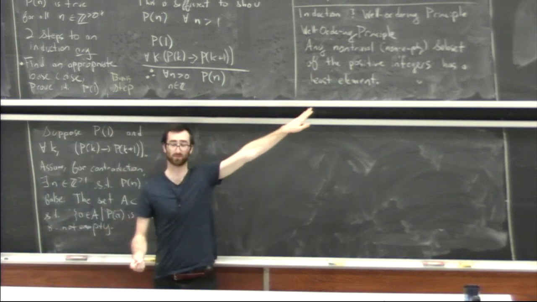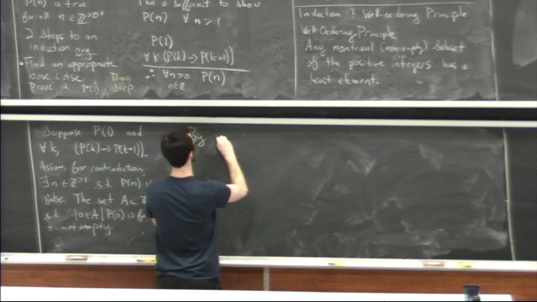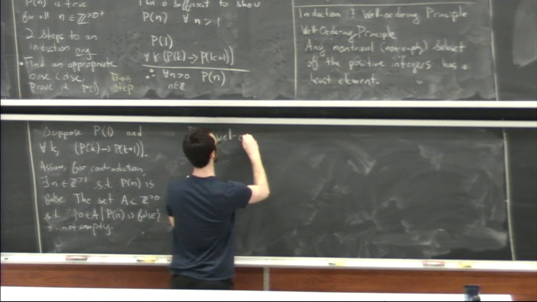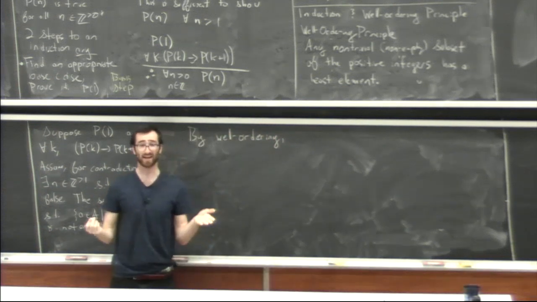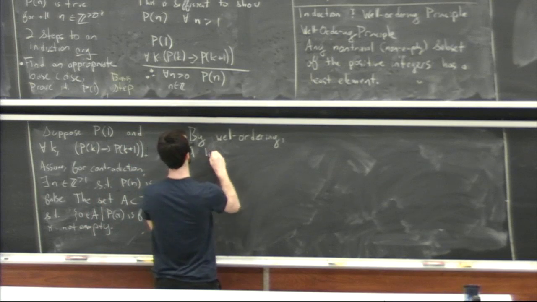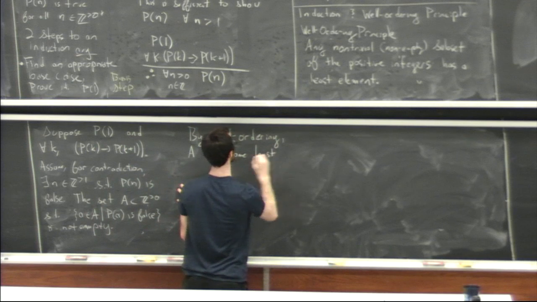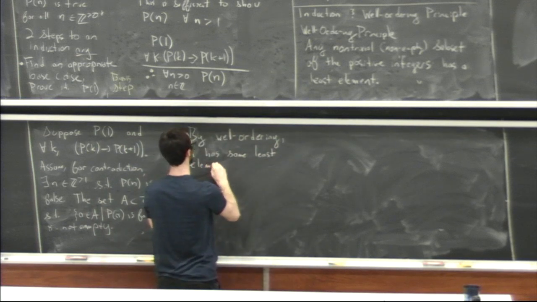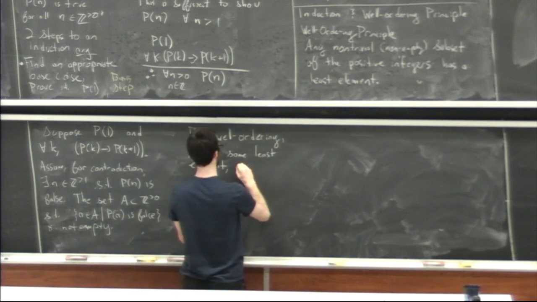By the well-ordering principle, the set A must have some least element, and I'm going to just call it M.